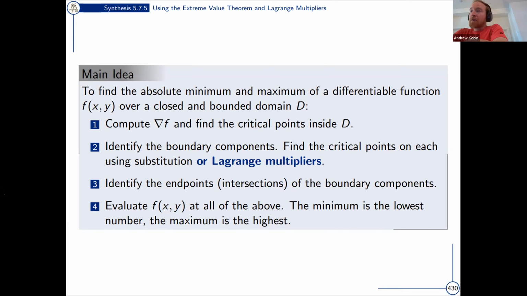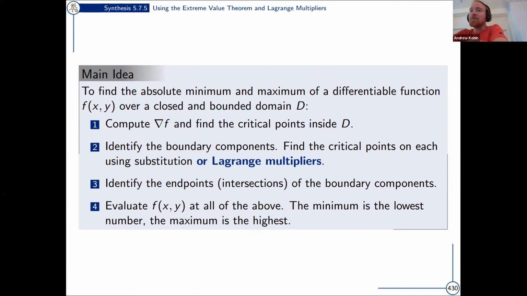And then to compute critical points on the interior of D involving the gradient of f, and then to identify the boundary components and somehow assign them constraining equations like g of x, y equals some constant for each of the different boundary components. Finding the critical points on some of the boundary components will be easy enough using substitution. Like in this problem we just finished talking about, setting x equals 0 is pretty easy.